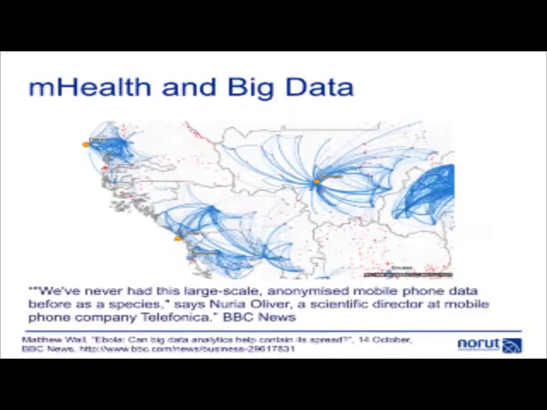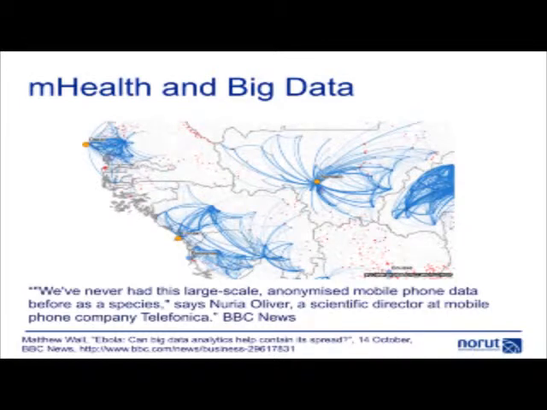In this slide, you have an example from big data. They published an article in the BBC News about how it's possible to use information about subscribers in the phones to monitor the movement of the population. What they managed to do was to identify if those measures to restrict the movement of people across the border had any effect.